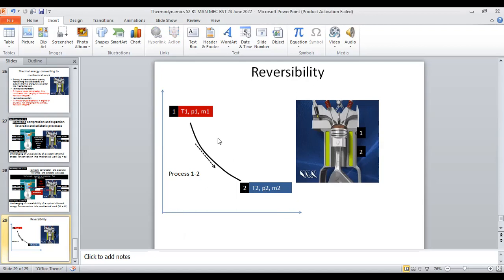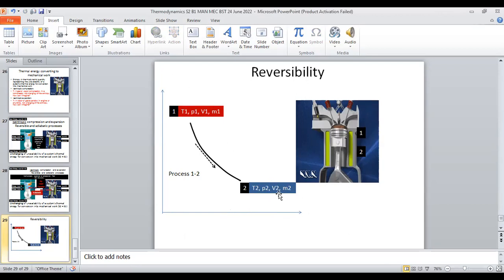Temperature can be there too, but let's say I put V1 as well. Small v1 for 1 kg, or even big V1 for this given mass. So you can have these parameters.